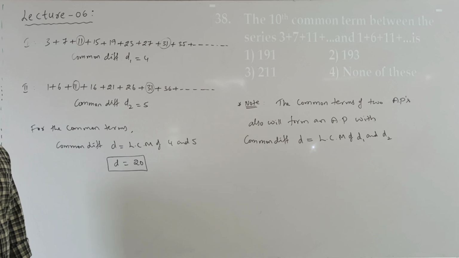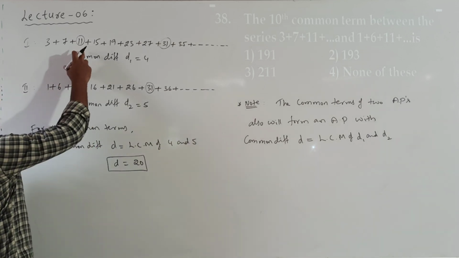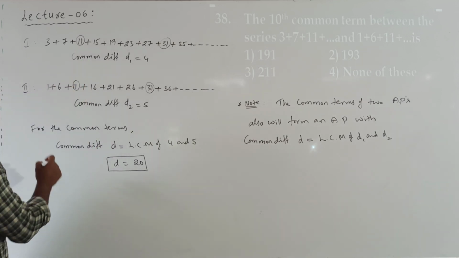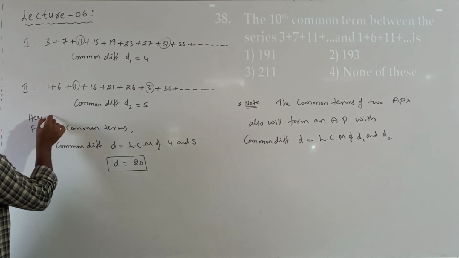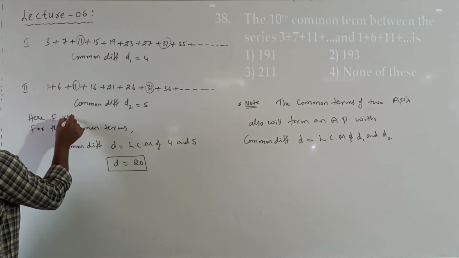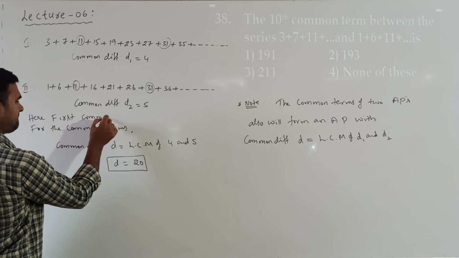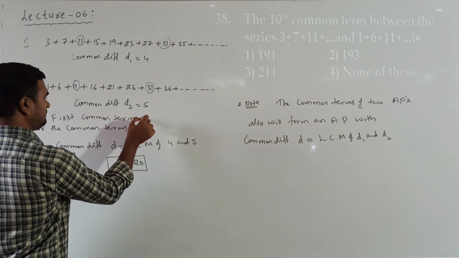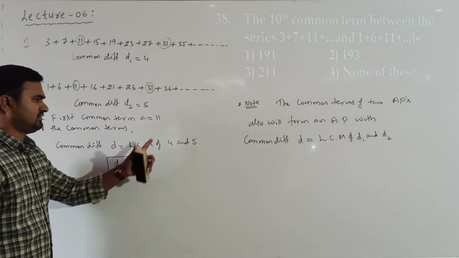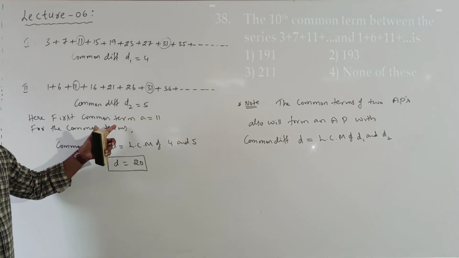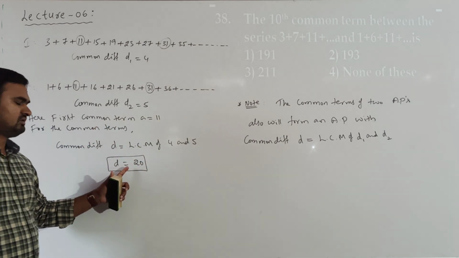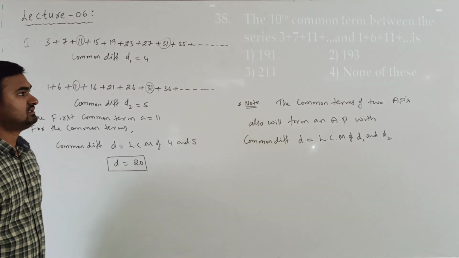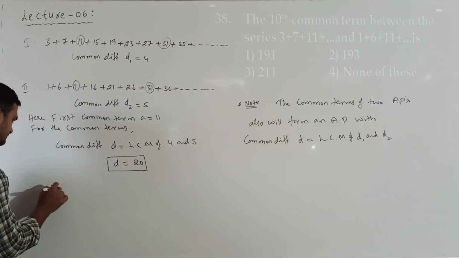So required common difference is 20 and the first common term is 11. Here the first common term A is 11, and we know the difference. Now we can find what is the 10th common term.